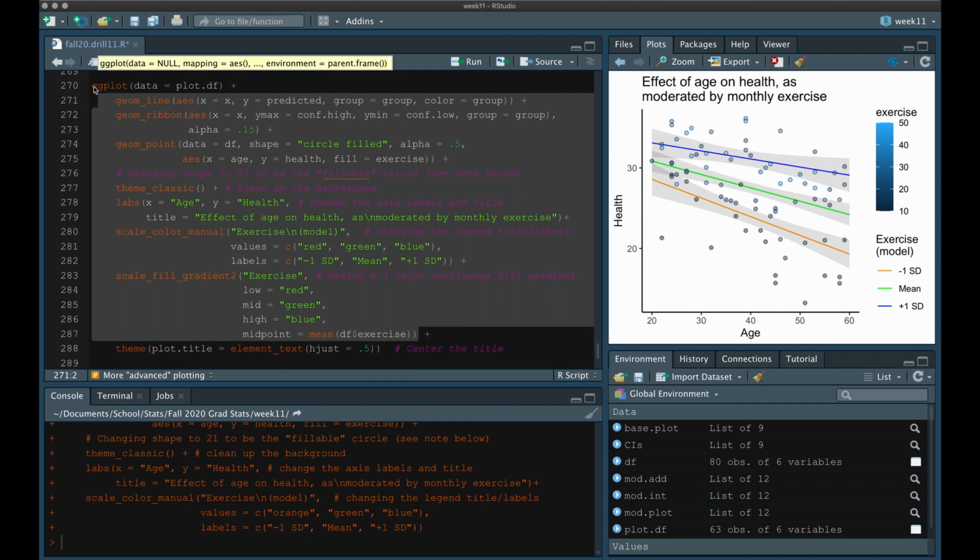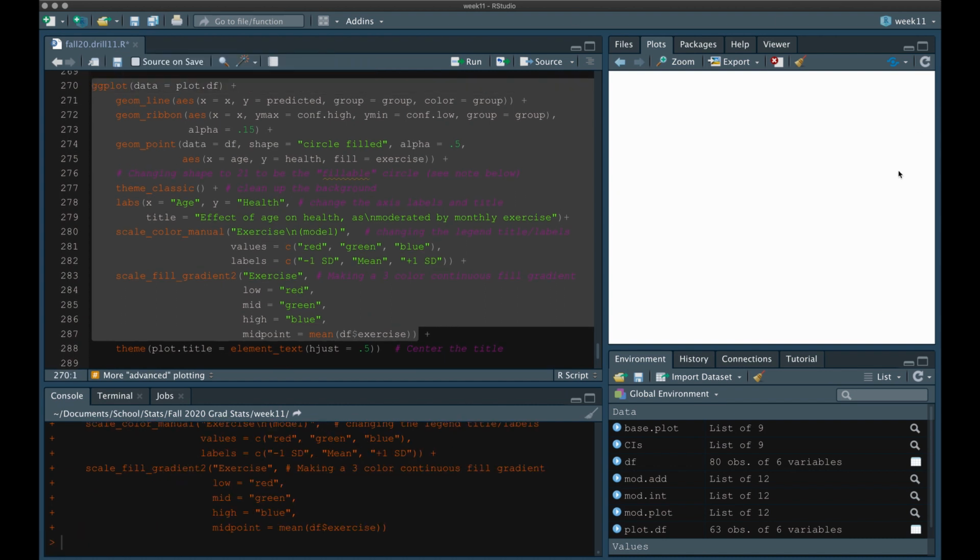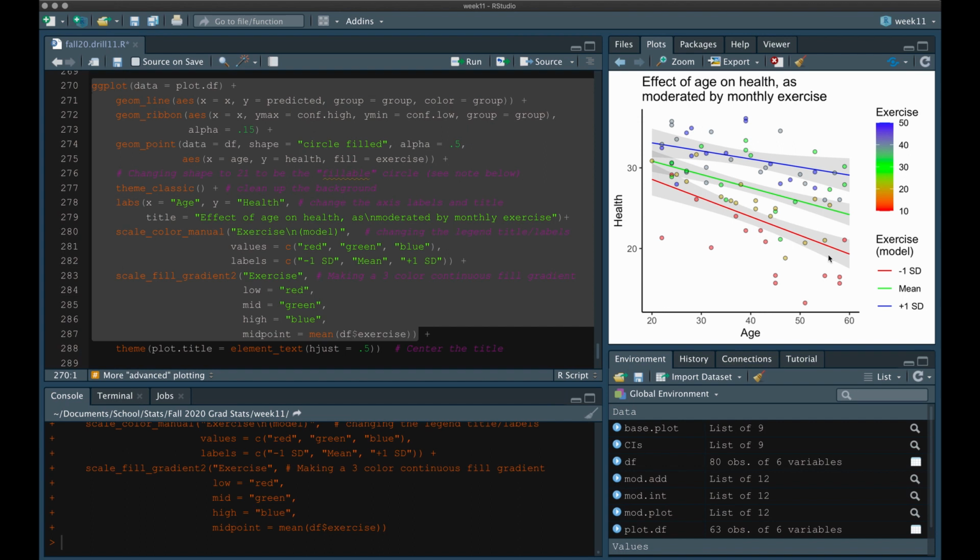So when I do that, I now have this 3-color continuous scale where these low values are red, and then it fades up to green, and then finally up to blue. And so you can see, even down here we have this person, even though they have the average amount of exercise, their health is a lot lower than what you'd really expect.